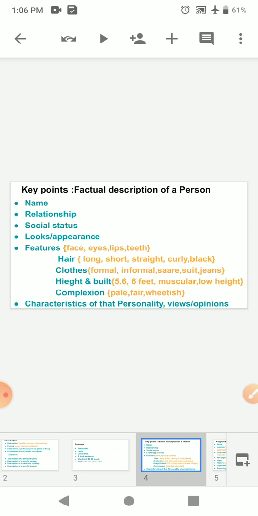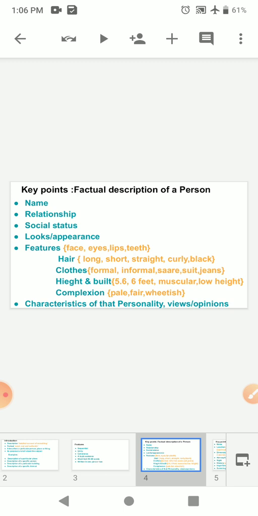For example, if you are writing about your grandfather or father or your sibling, then you will write down the relationship, and then you will talk about social status, the role or the status he or she has in society.